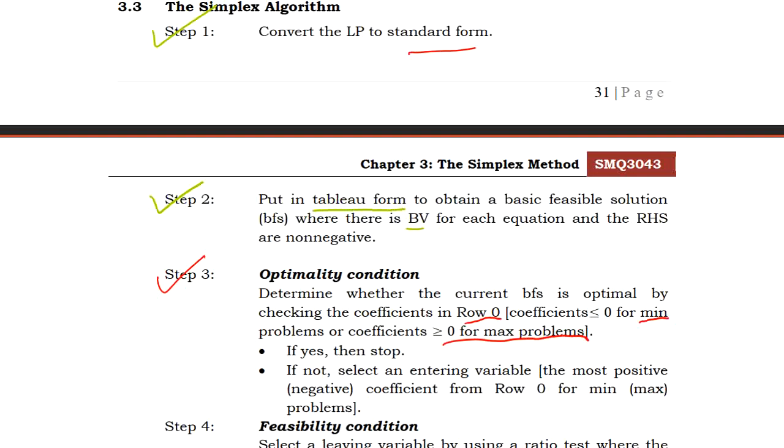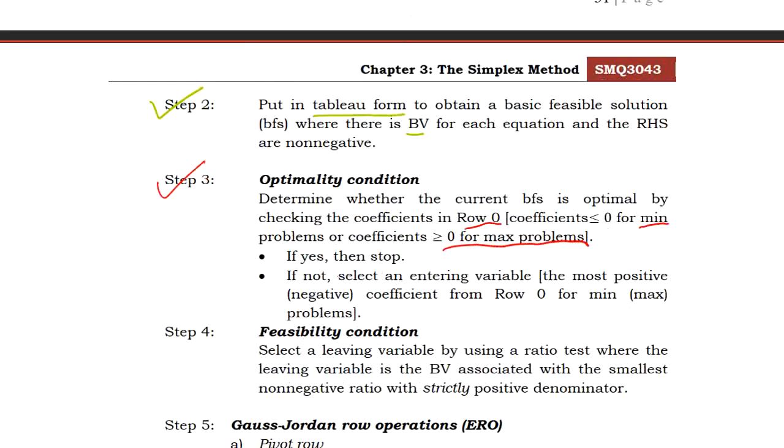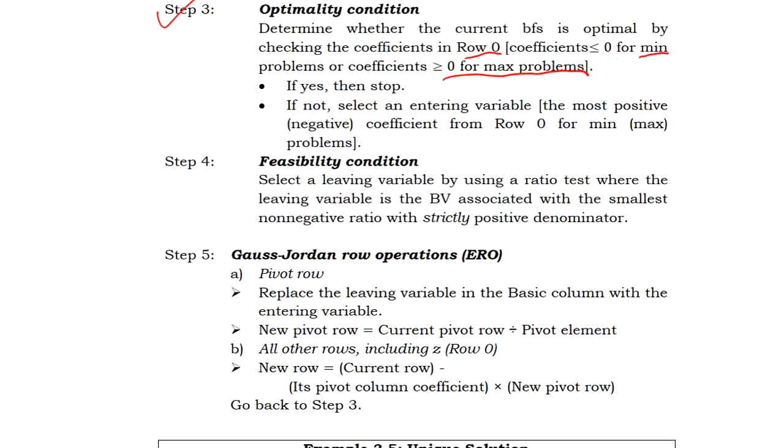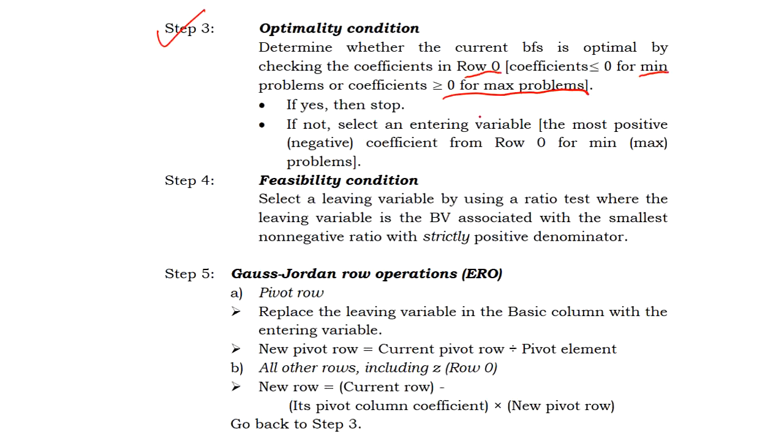Next, in step 4, we need to check the feasibility condition. So here, we select a leaving variable by using a ratio test, where the leaving variable is the BV associated with the smallest non-negative ratio with strictly positive denominator.